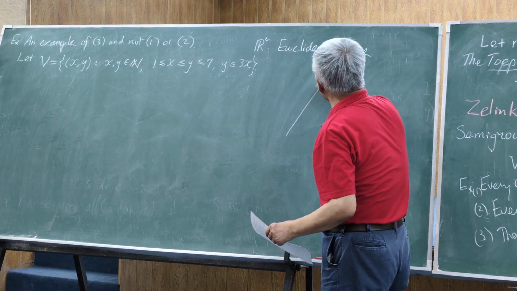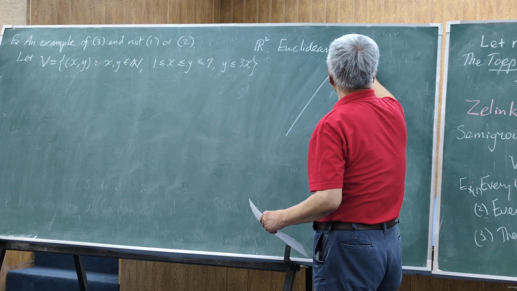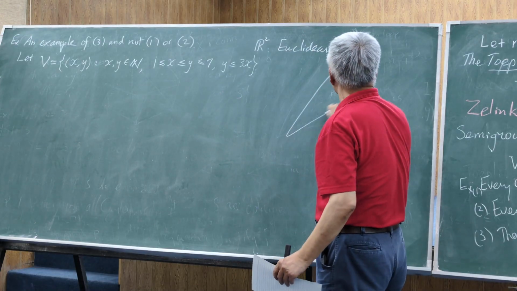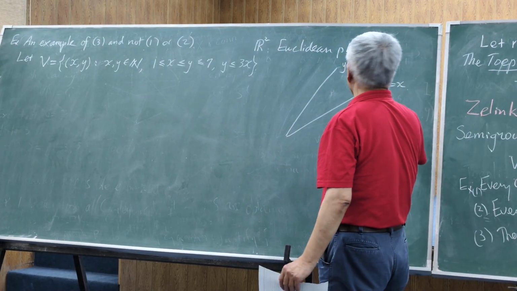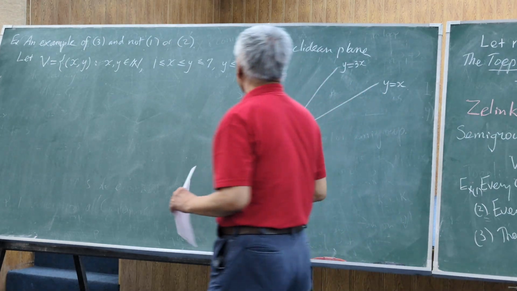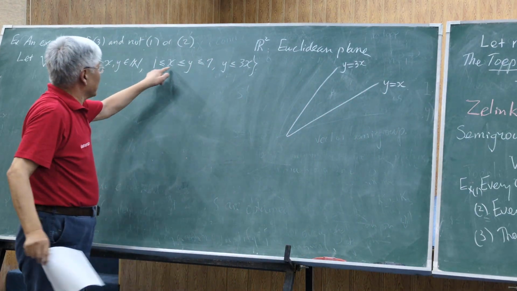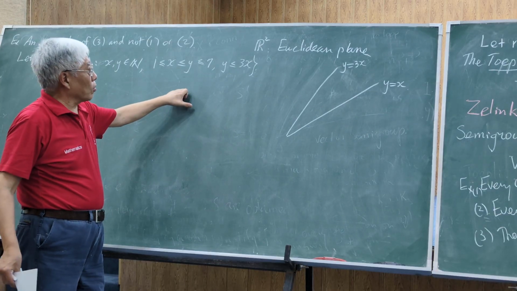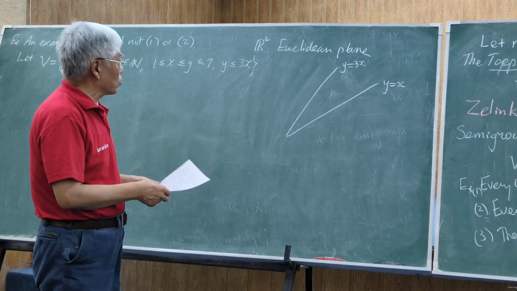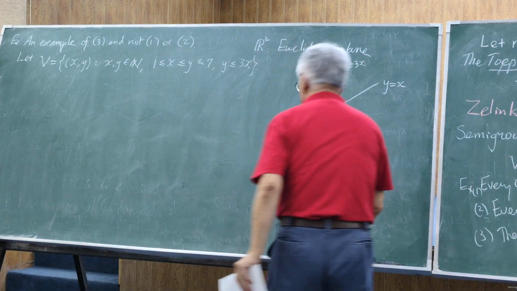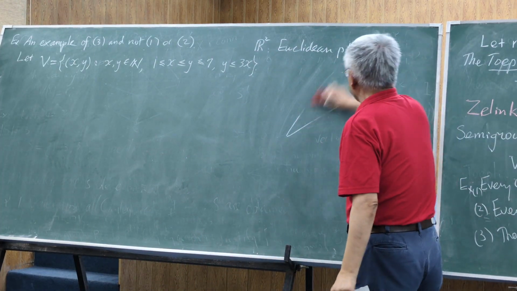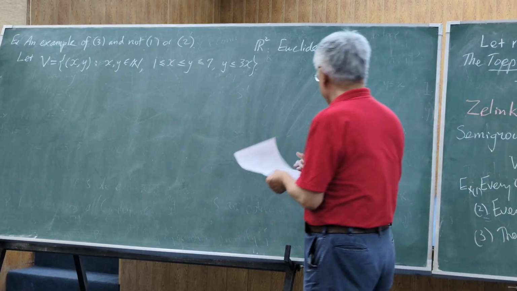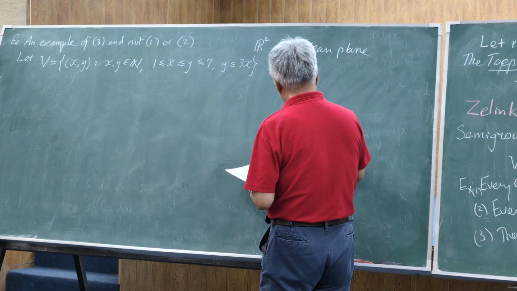So here, one straight line is y equal to 3x, and another straight line is y equal to x. x, y both come from natural numbers. y equal to x is given here, y equal to 3x is given there, and we're taking all the natural numbers. Now we can draw it. I will erase this because when I try to fit inside, it will not be accurate. Anyway, it's between y equal to 3x and y equal to x.